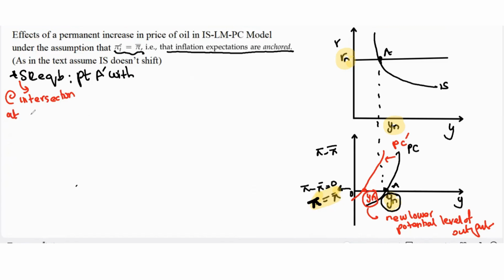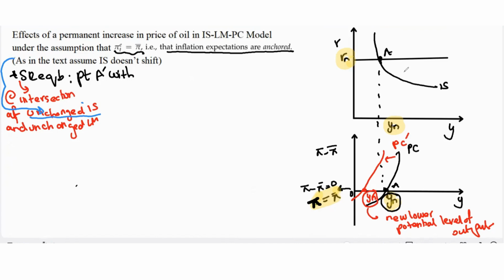So it's at the intersection of unchanged IS and unchanged LM. Why is IS unchanged? We're assuming that IS does not shift. This is important. As in the text, we assume IS does not shift over here, right?